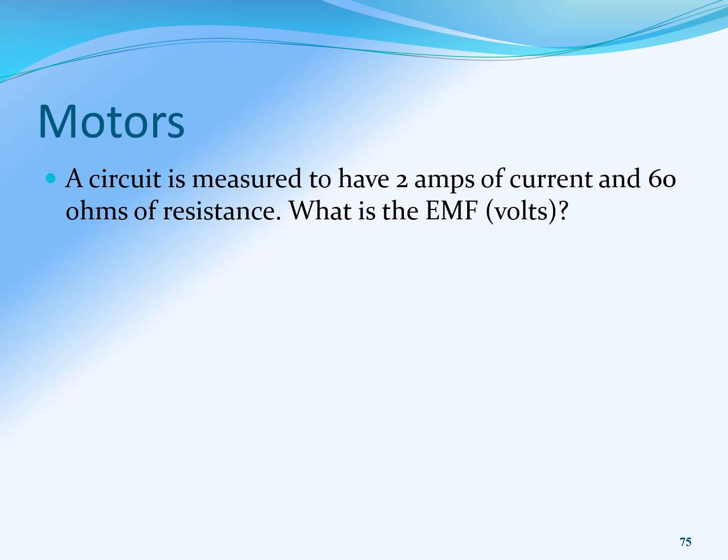Let's run through a problem real quick. You have a circuit that is measured to have 2 amps of current and 60 ohms of resistance. So what is the volts?